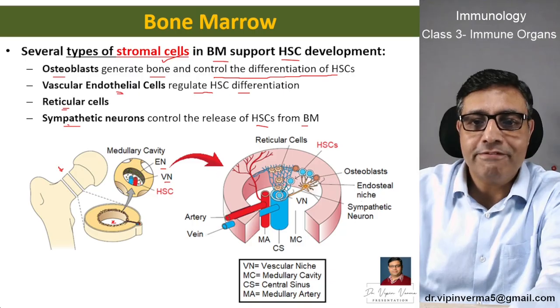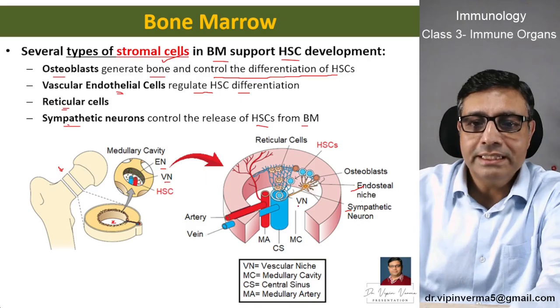Now if we magnify further, you will find the hematopoietic stem cells, which are these blue ones, and then we have the reticular cells. You can see they have made the mesh-like structures here. And then we have the osteoblast, and towards the periphery we have the endosteal niche, which is the microenvironment, and then you can find some neurons, which are the sympathetic neurons.